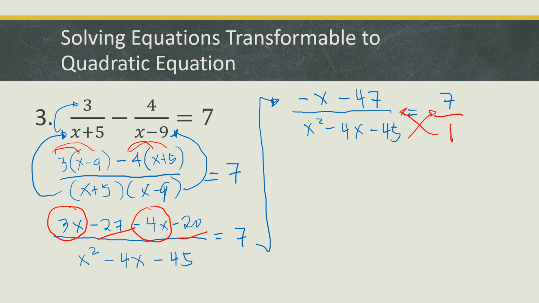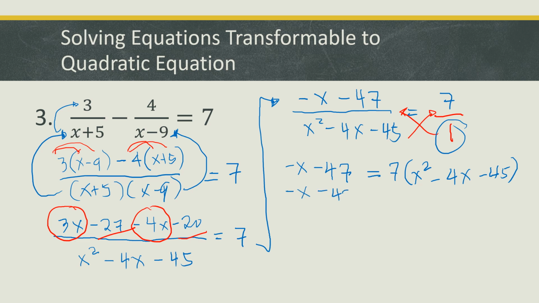So first, 1 times negative x minus 47 is negative x minus 47 equals, the other one is 7 times the x squared minus 4x minus 45. Let us simplify.